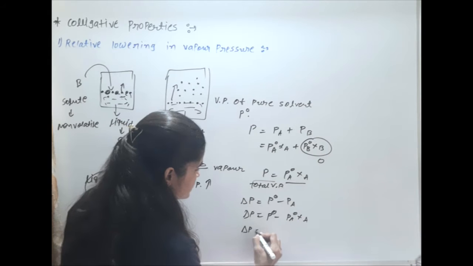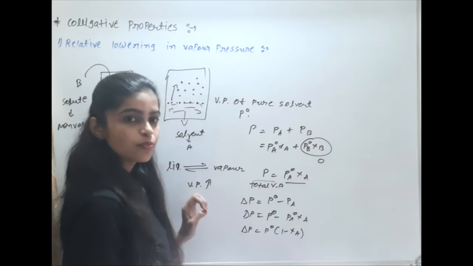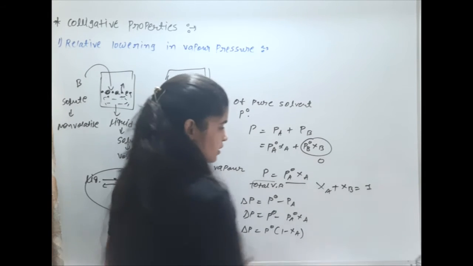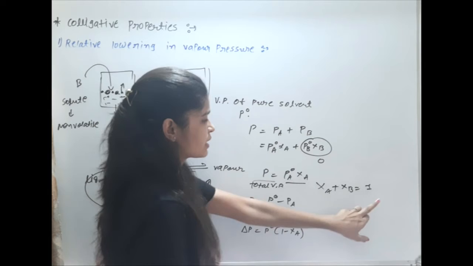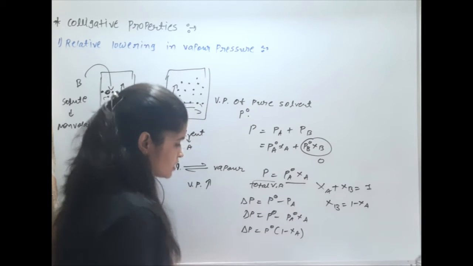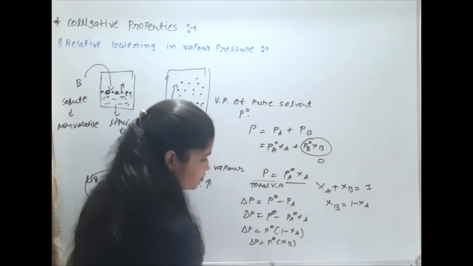So delta P is equal to P0 times (1 minus XA). And we know that the mole fractions XA plus XB equal 1, so 1 minus XA is equal to XB. Putting this in the equation, delta P is equal to P0 XB.